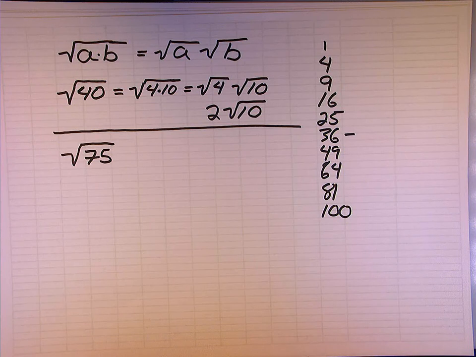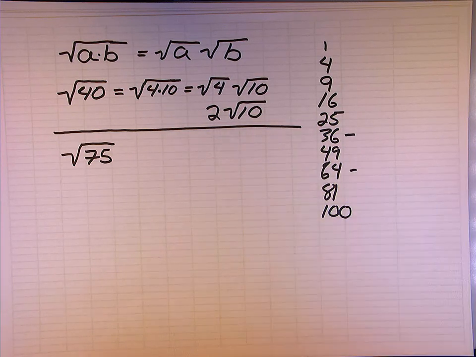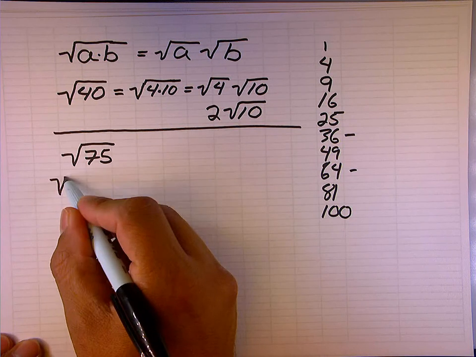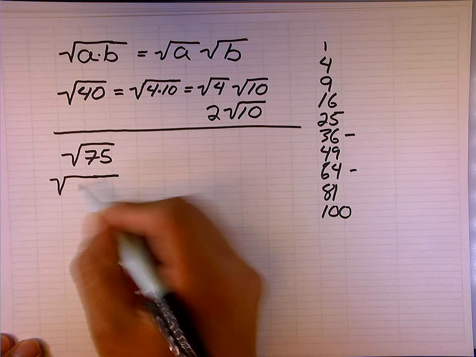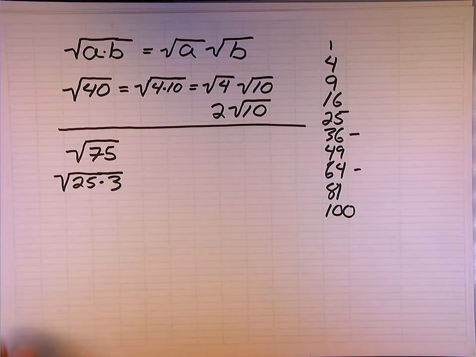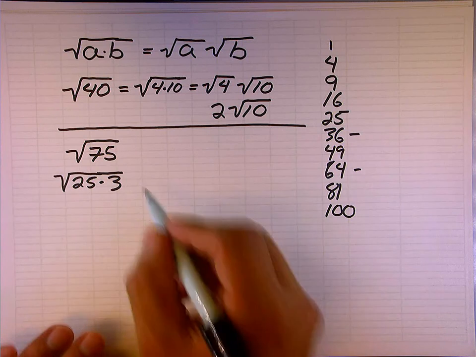And again, I'm going to go through my process, basically looking at 64 and below. 64 doesn't go in, 49 doesn't work, 36 doesn't work, but 25 does. So I'll rewrite my 75 as the square root of 25 times 3.